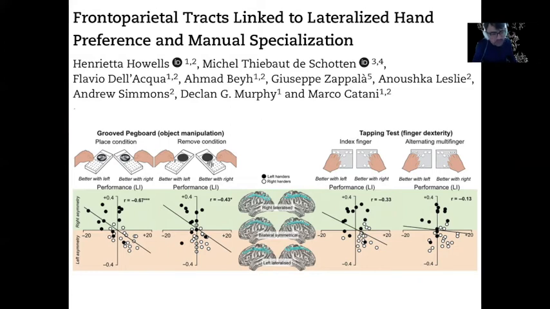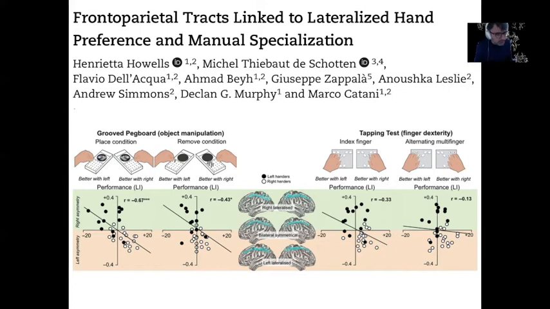And what we could see, in the chart at the bottom, is that you have a direct relationship between the lateralization of the dorsal frontoparietal network, SLF1, and how fast you perform, specifically the difference of speed between your right hand and your left hand on the Grooved Pegboard, whether you have to put your pin inside the little holes or remove them as fast as possible.